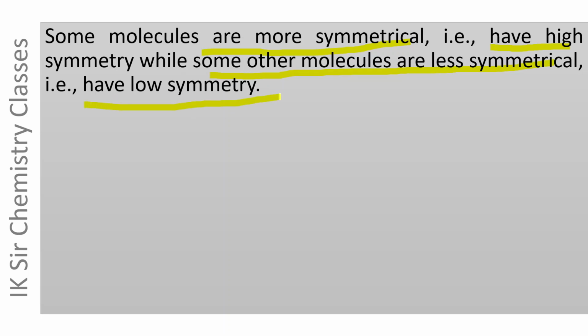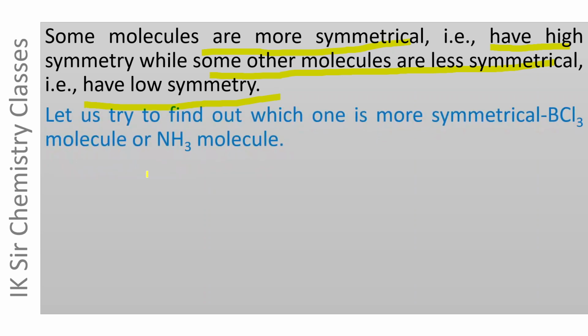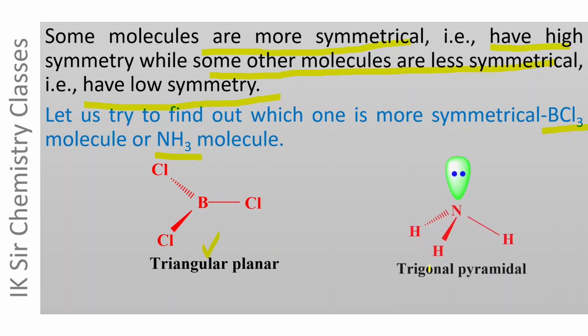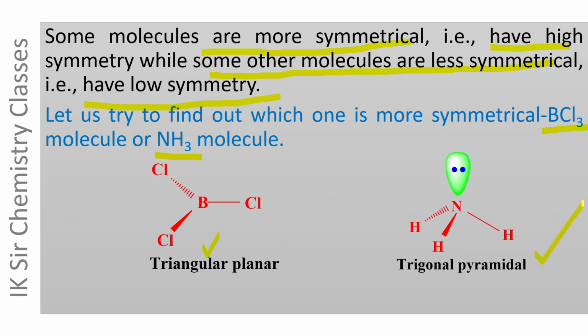Let us try to find out which one is more symmetrical, BCl3 or NH3. Two molecules are given here. It is the BCl3 molecule having triangular planar shape, and the NH3 molecule has trigonal pyramidal shape.